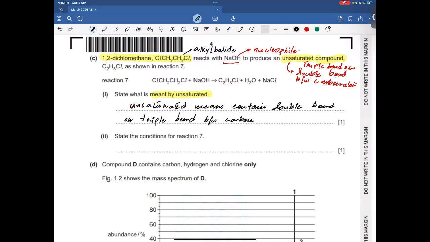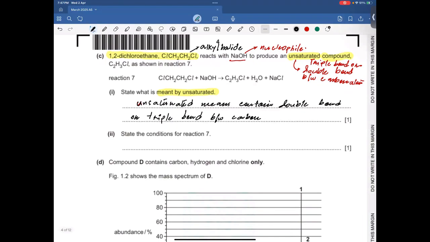And if you remember, in organic chemistry, double bonds and triple bonds are collectively called multiple bonds. All right. So you can write even multiple bonds. Unsaturated means contain multiple bonds. That's the only answer. State the condition for reaction 7. So whenever an alkyl halide reacts with NaOH, the reaction takes place in the presence of ethanol, which will serve as a solvent, obviously. And the condition is going to be obviously heat.